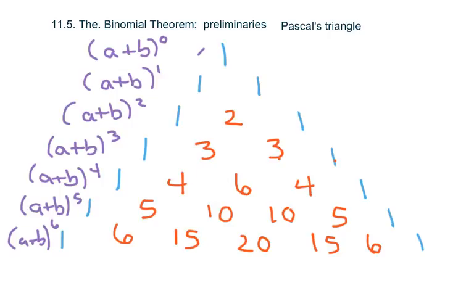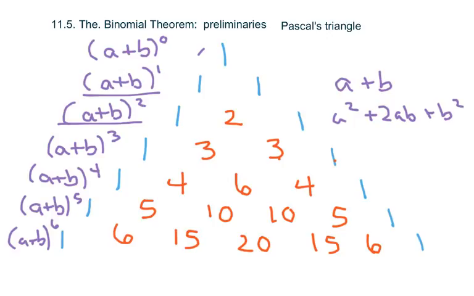Now, if I wrote this out, this would just be what? A plus b. This one would be a squared plus 2ab plus b squared. And this a and b in the middle here is to the 1.